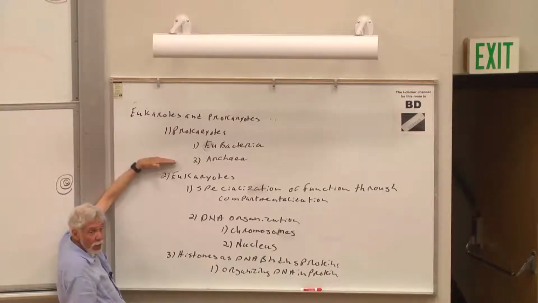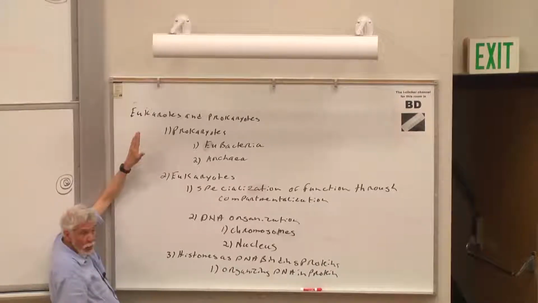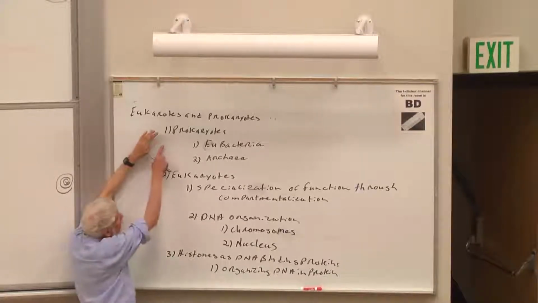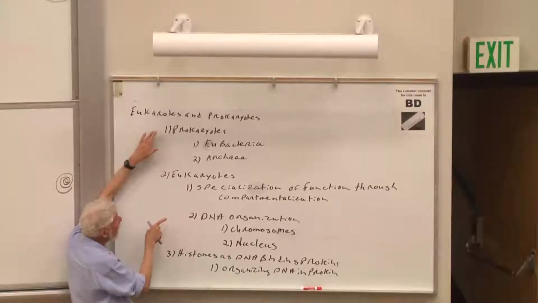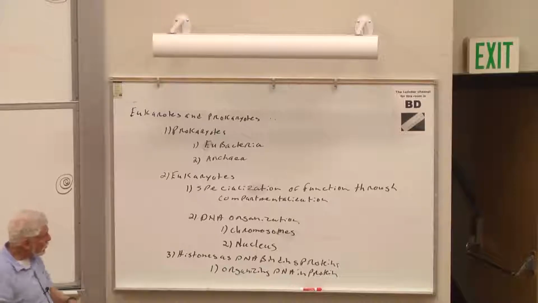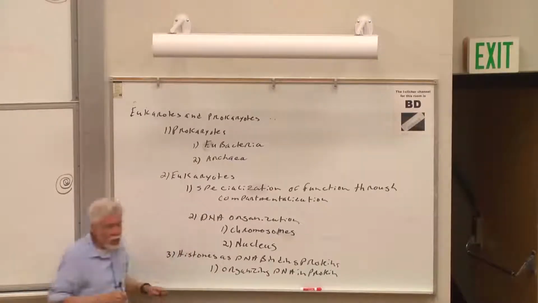Then we take the information in the RNA and make it into protein. That's true for all biology as far as we know it. It may be that a couple of billion years ago it was different, but now that's the way it works. And that's true for both the prokaryotes and the eukaryotes. There's some subtle differences between these two, but nonetheless, that's the major idea of the central dogma. Then finally, if there's time, we'll finish up with the idea of histones organizing the DNA.